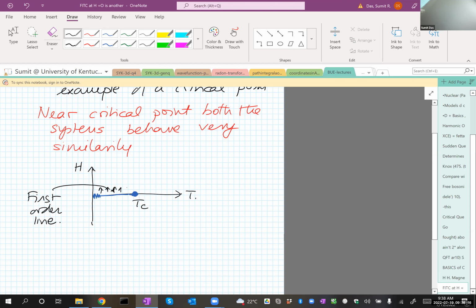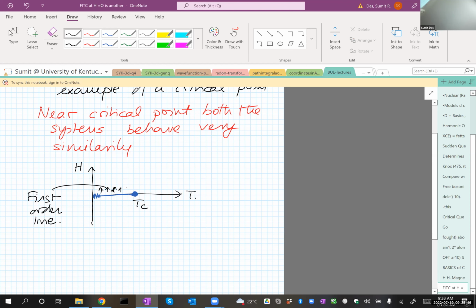In a similar fashion, for these magnetic systems, there is a way to describe the thermodynamic properties which was invented by Landau, who described a notion of what is called an order parameter. And the basic idea is as follows.